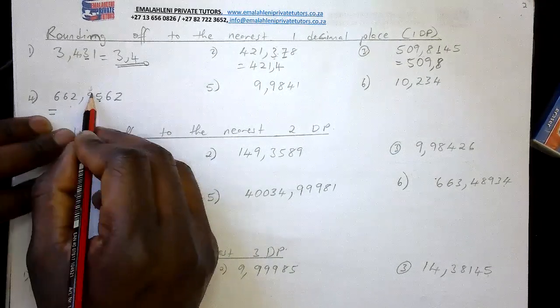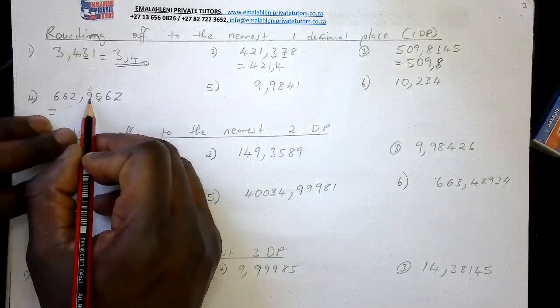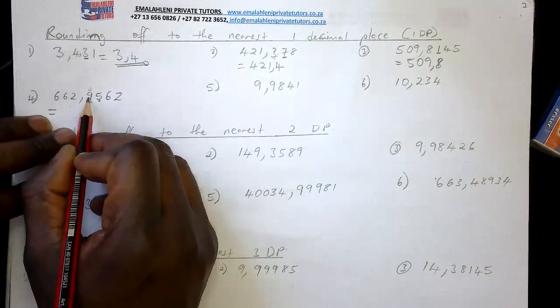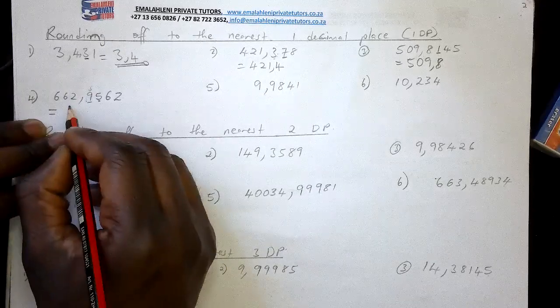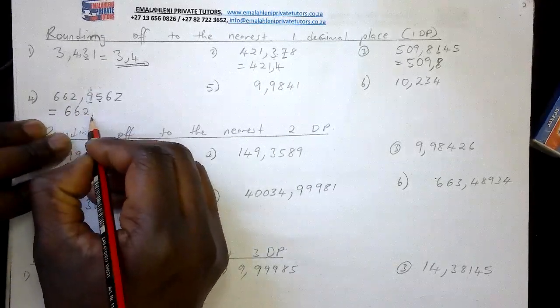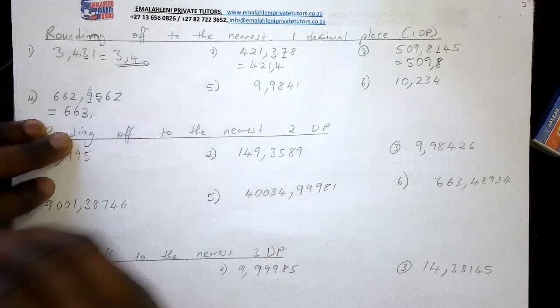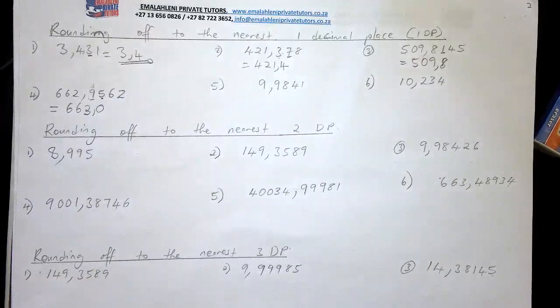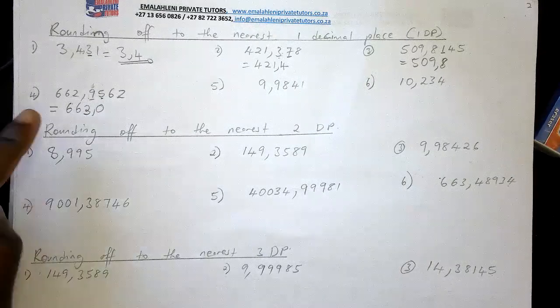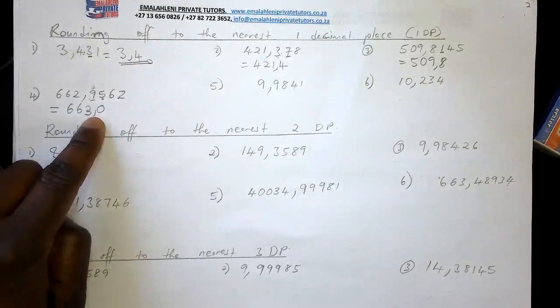So once it becomes 10, we can't write 10 here. It means we're adding 1 unit again here. So it's going to be 3 here. So it's going to be 663,0, because we want 1 decimal place. That's why we are leaving 0 there. That's what we need to have.